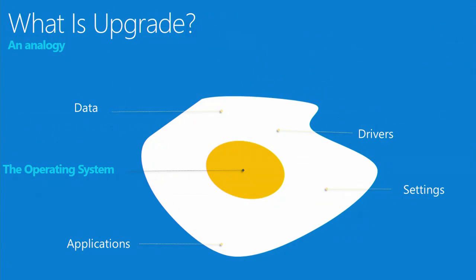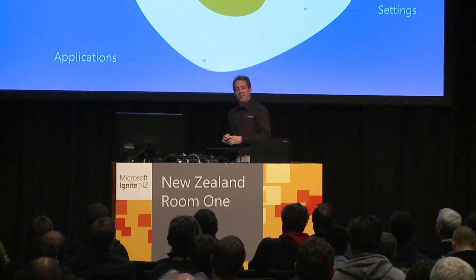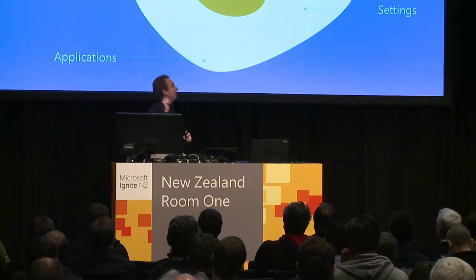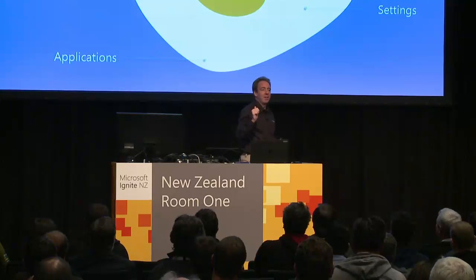And of course, they decided that they would start off with something cute. Let's use the analogy of an egg to explain the upgrade process, where the operating system is the yolk in the center, and the apps, the data, and the settings are the whites around the outside. So the in-place upgrade is kind of like removing the yolk and dropping a new one in without disturbing the whites, which, if you've ever tried to do that with an egg, you know that's not a particularly easy process to go through.